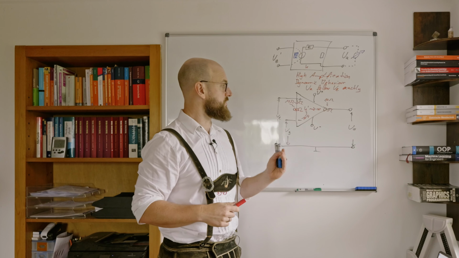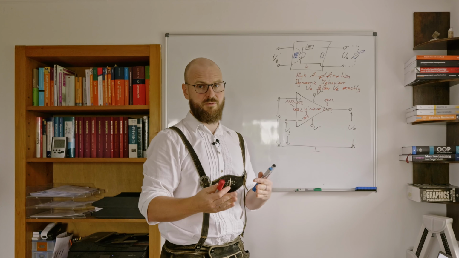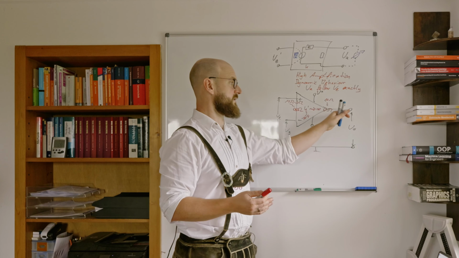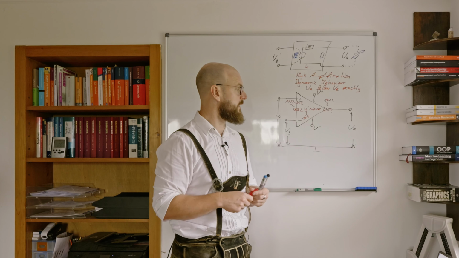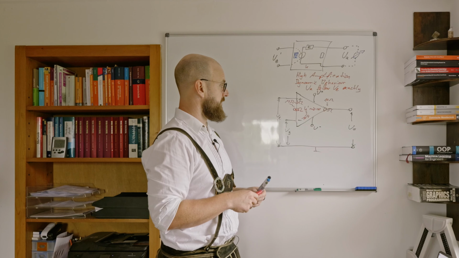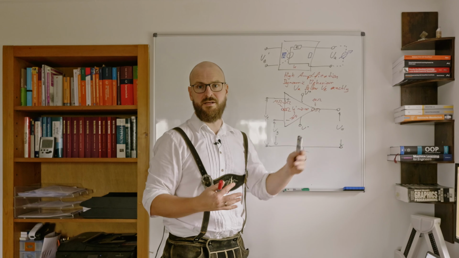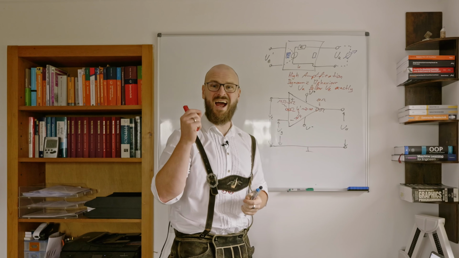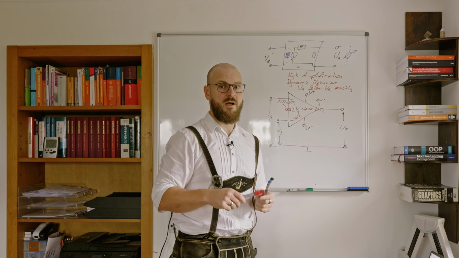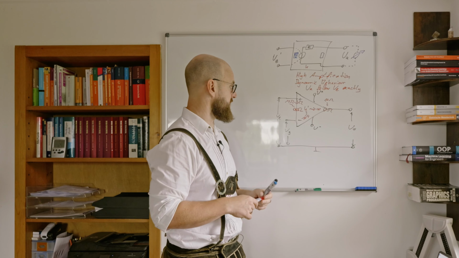So there should be 0 at the output. For sure, for real operational amplifiers, sometimes it's not exactly 0. So we have some offset for real operational amplifiers. For our ideal operational amplifiers, that's 0. So when there's a 0 difference, we get a 0 output for the ideal operational amplifier, not for the operational amplifiers used in reality.